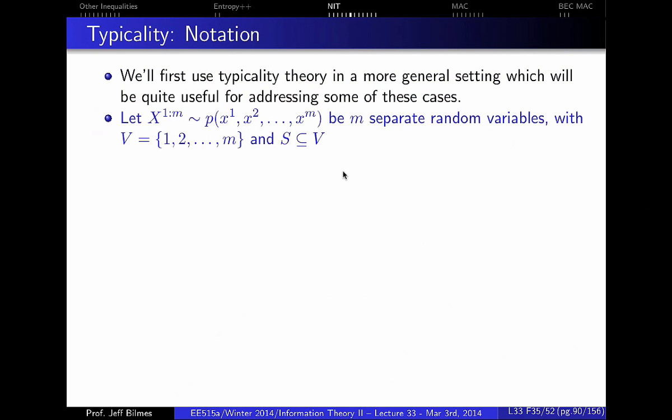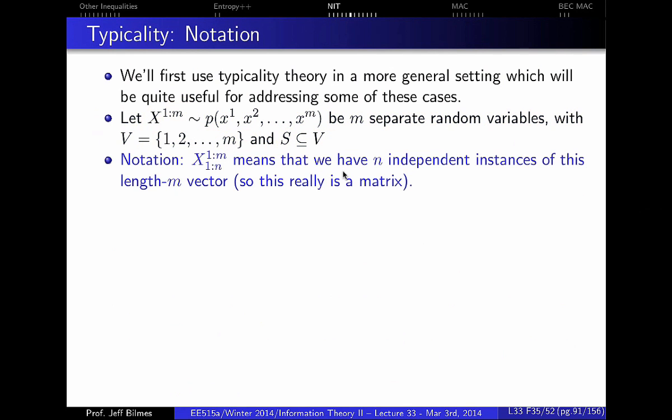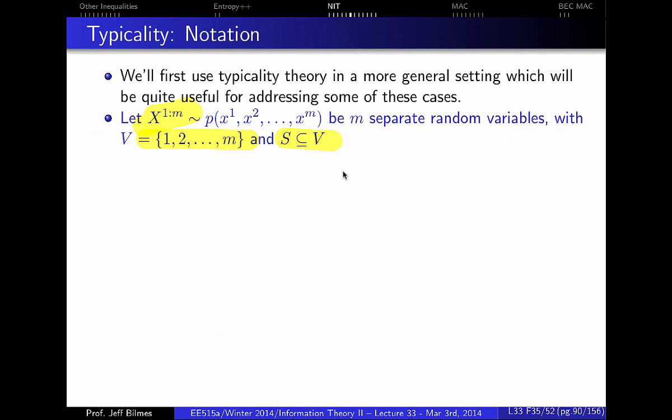So we have m random variables, and we're going to use the superscript to index which random variable it is. Again, we have m total random variables, and S is some subset of indices. So we can, for example, talk about x of S, which would be a subset of random variables.